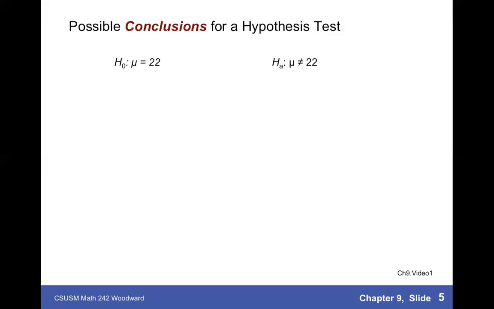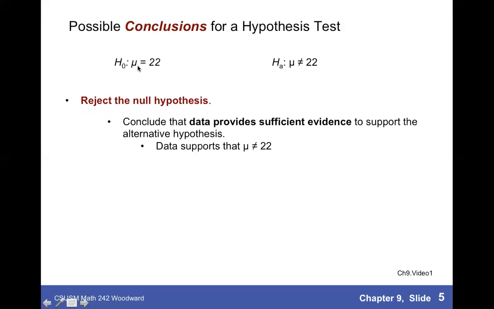Our decision is about H naught. If we decide to reject the null hypothesis, that's okay, but our conclusion is about the alternative. We will conclude data provides sufficient evidence to support the alternative. We reject this and support this. So data supports HA.